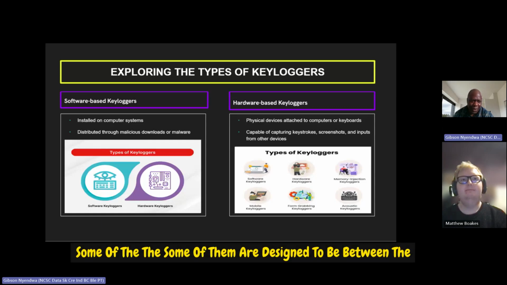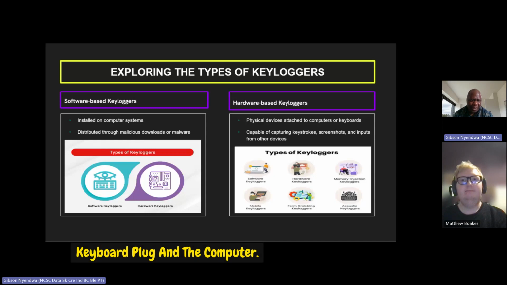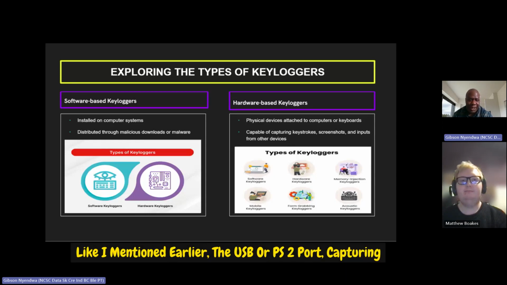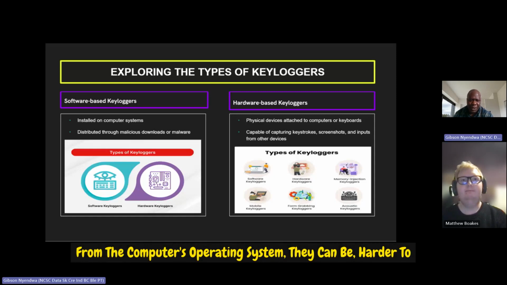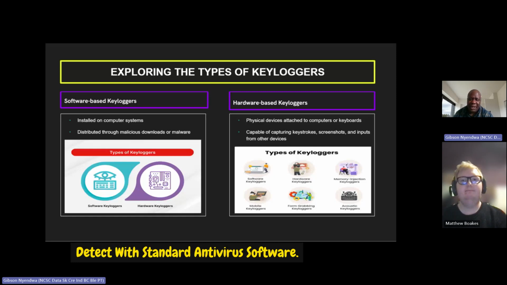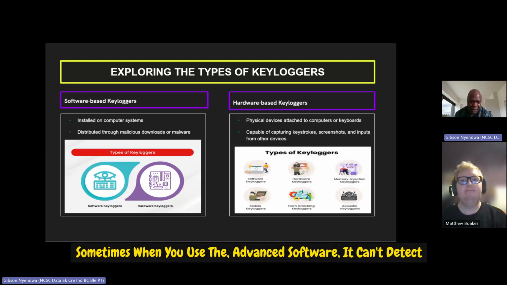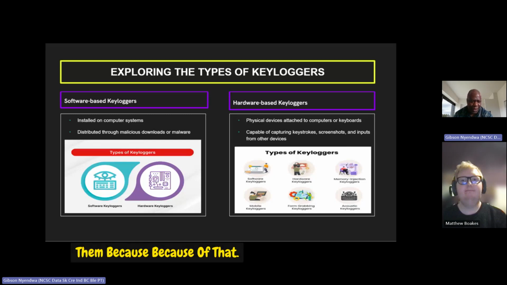Some of them are designed to sit between the keyboard plug and the computer, like the USB or PS2 port, capturing keystrokes as they pass through. Because they are separate from the computer's operating system, they can be hard to detect with standard antivirus software. Sometimes when you use antivirus software, it can't detect them because of that.